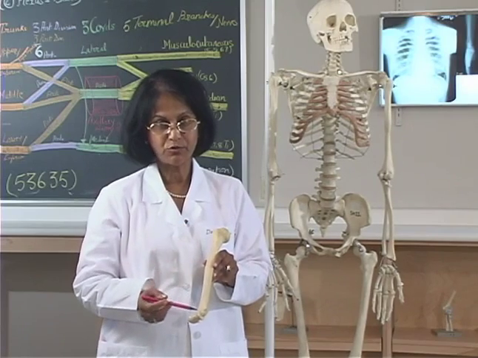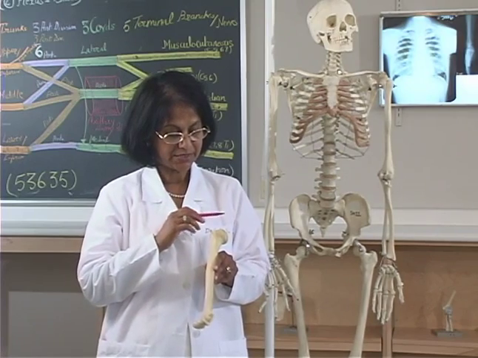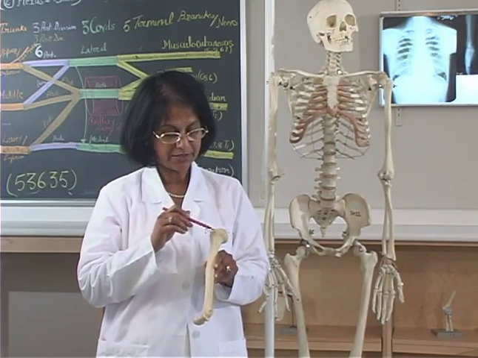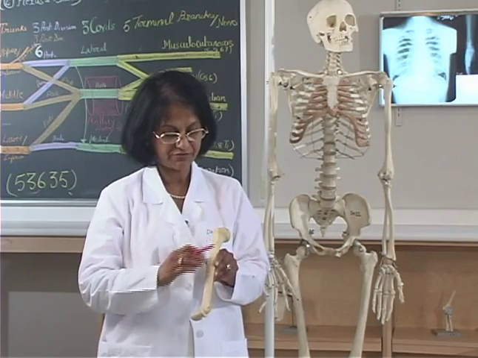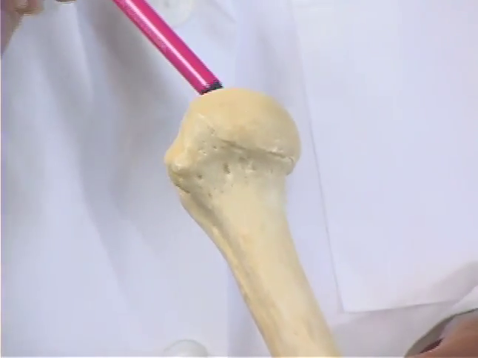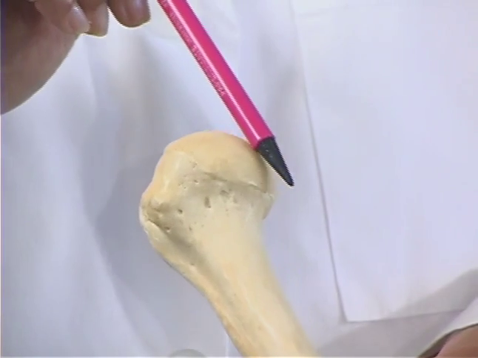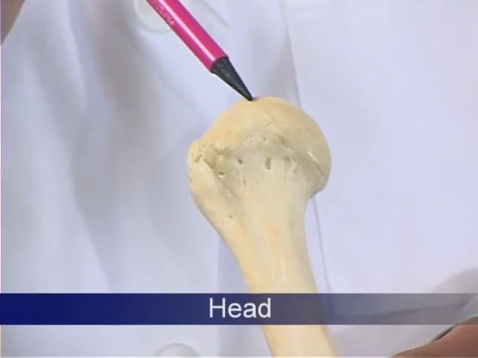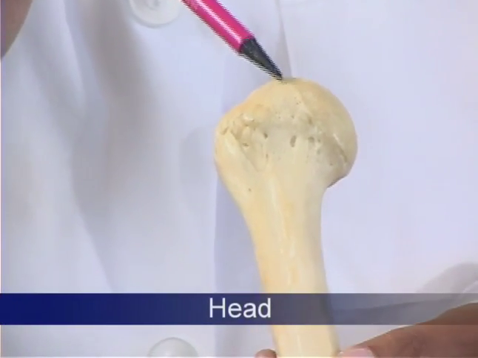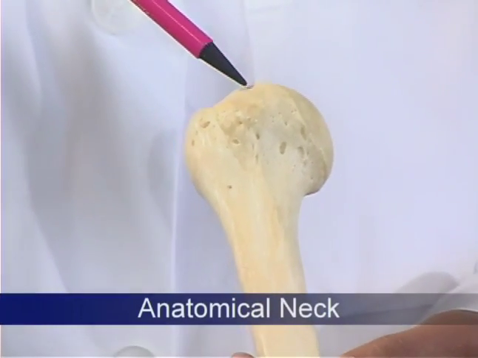Humerus is the longest bone of the upper limb. It has an upper end, a lower end, and a shaft. The round area here, 1/3 of a sphere, is the head of the humerus. This constricted area around the head is the anatomical neck of the humerus.